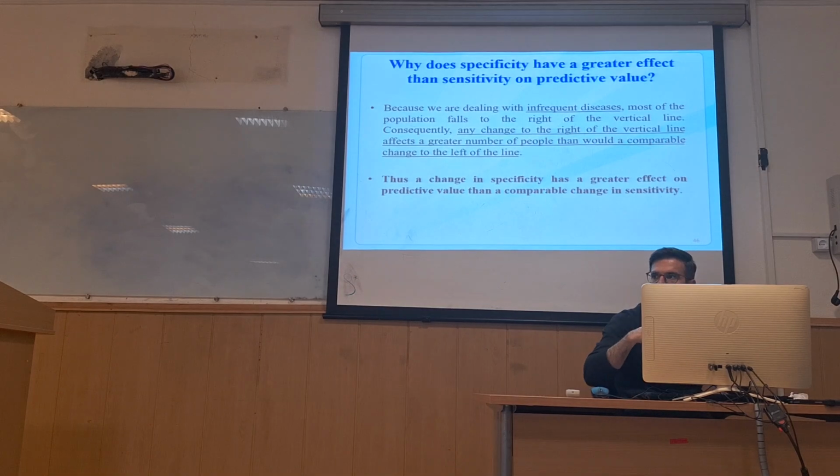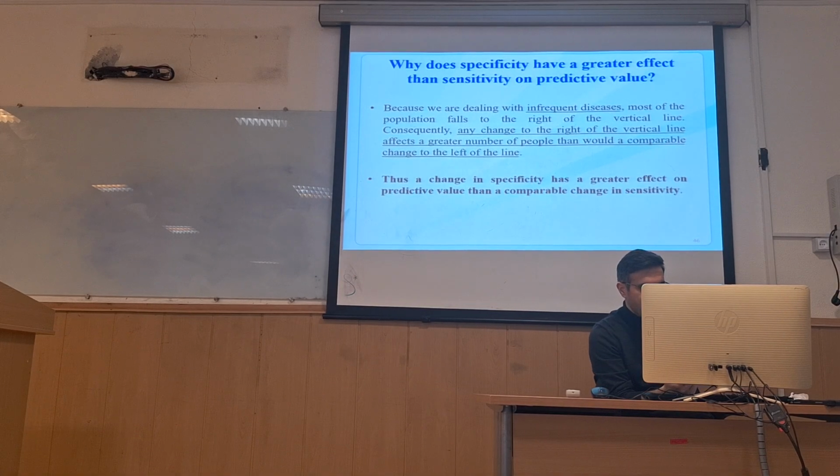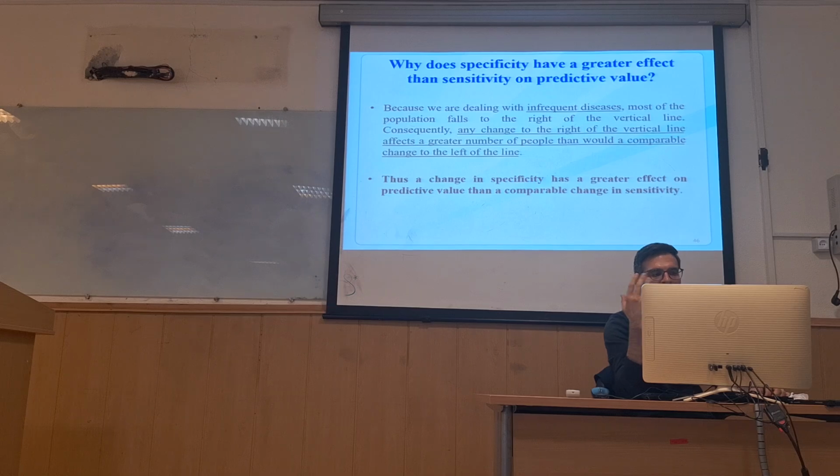Both of them can increase positive predictive value, but the impact of specificity is higher, for many reasons. For example, you can see one of these reasons. A change in specificity has a greater effect on predictive value than a comparable change in sensitivity.